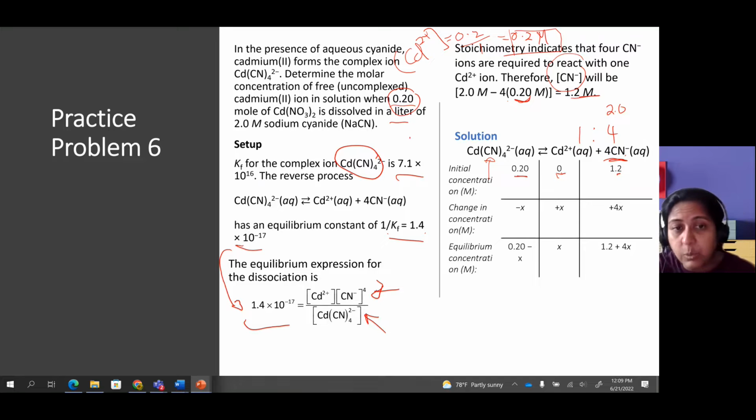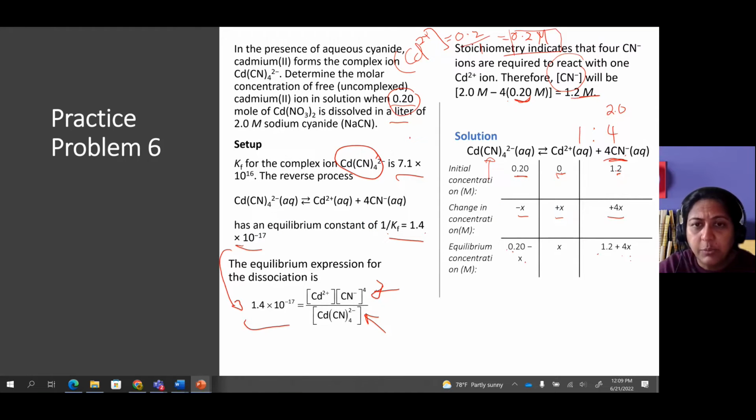Now we consider the equilibrium: the change is minus x, plus x, and plus 4x for the cyanide. So the equilibrium concentrations are 0.20 minus x for the complex, x for cadmium 2 plus, and 1.2 plus 4x for the cyanide ion.